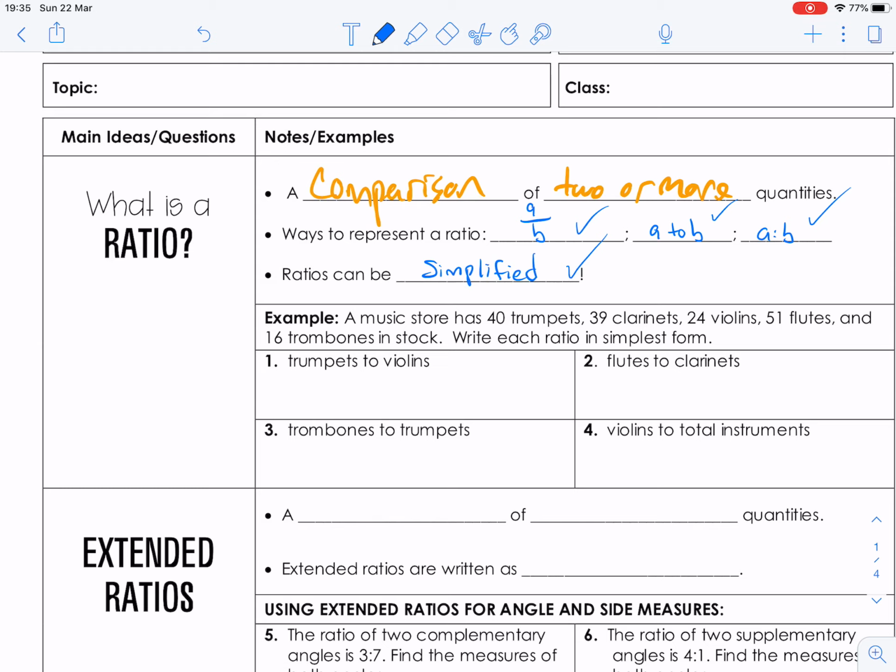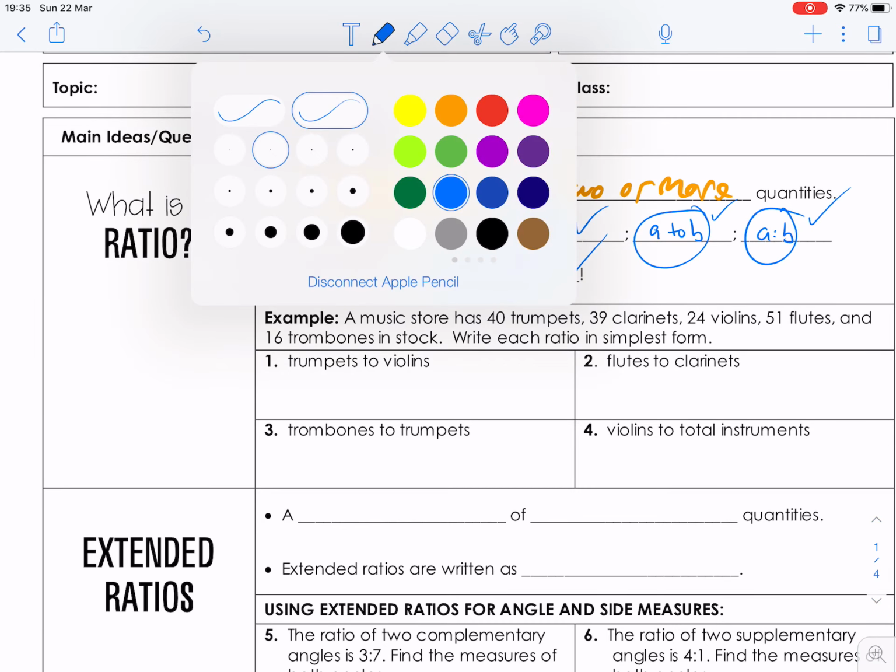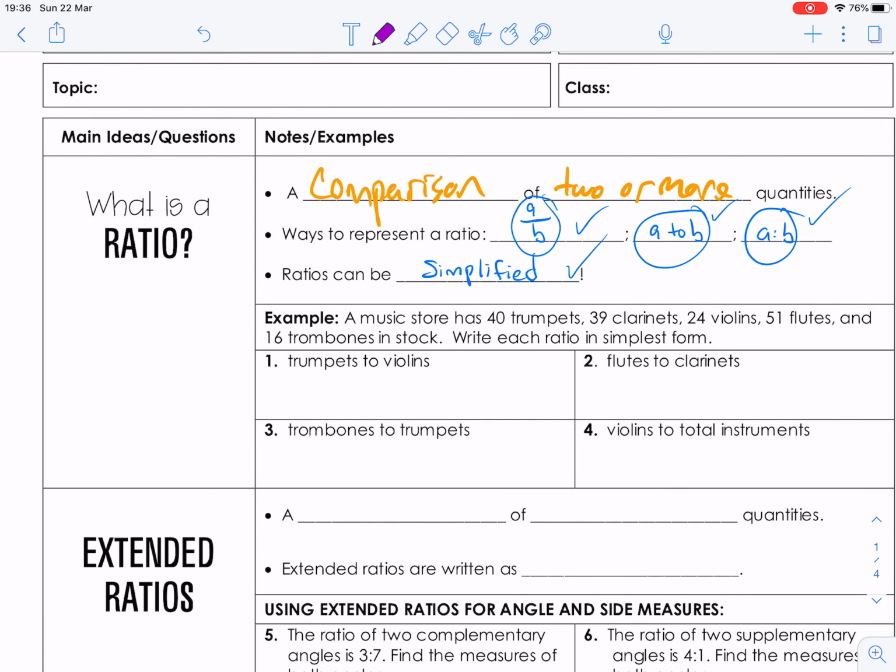We could use any one of these, it doesn't matter. Let's use trumpets to violins. Trumpets, we have 40, to how many violins? 24. We could also write this as 40 to 24.